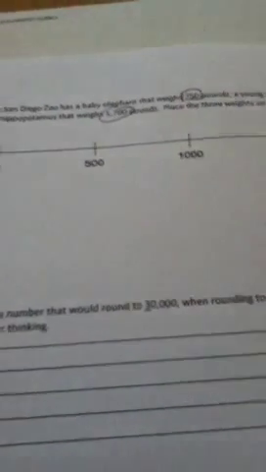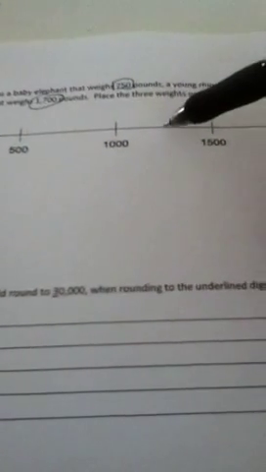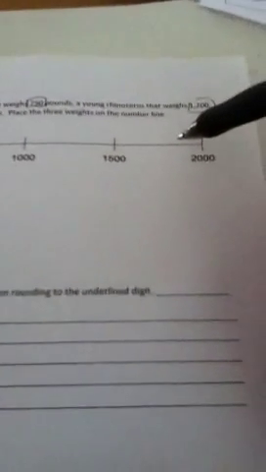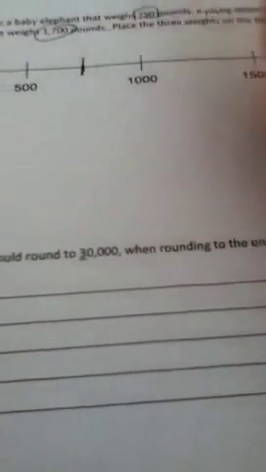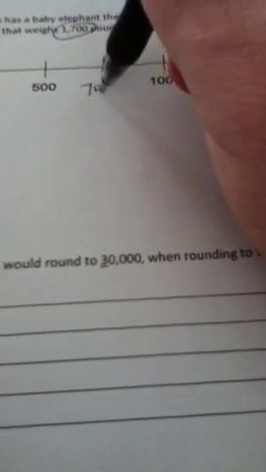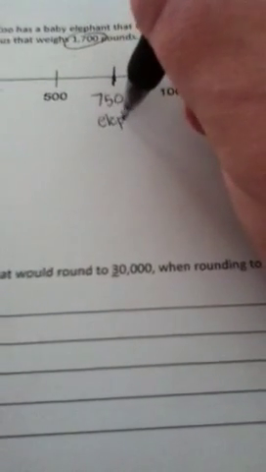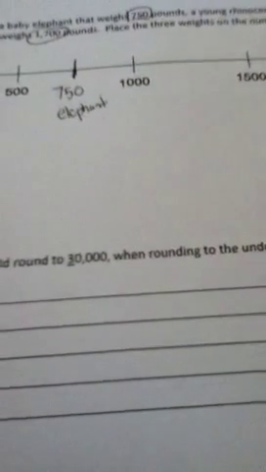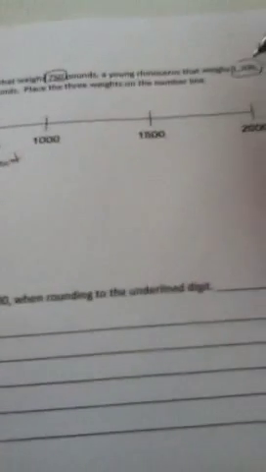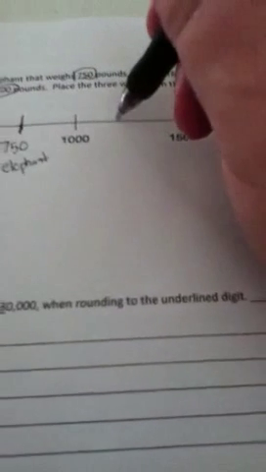So I have 750, so my spots are 0 to 500, 500 to 1,000, 1,000 to 1,500, 1,500 to 2,000. So this first one, I'm going to put it right here. So I have 750. I can label it if I want. I'm going to put elephant. Okay, the rhino is 1,200.